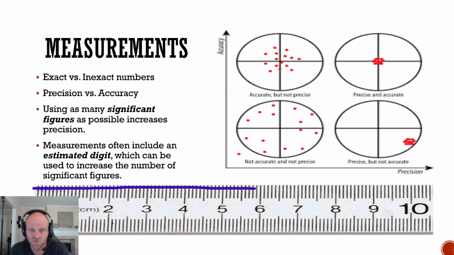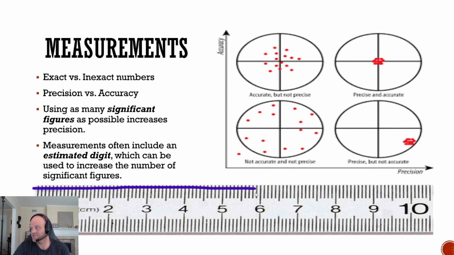Measurements, as a general rule of thumb, are inexact. I can always take a measurement to have more or less significant figures, right? So let's look at this line down at the bottom. Three different people come up to this line and try to read the measurement, right?